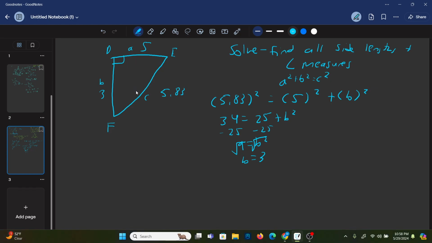There's a couple of ways that you can solve this. One way is by using the law of cosines, but there's also another way. For the law of cosines, there are 3 formulas.